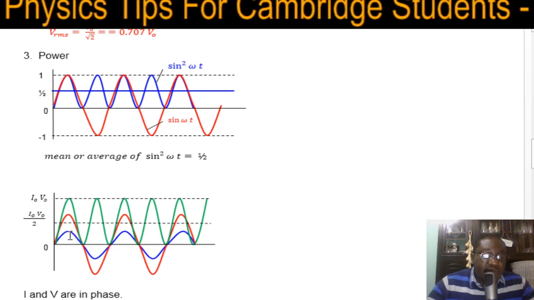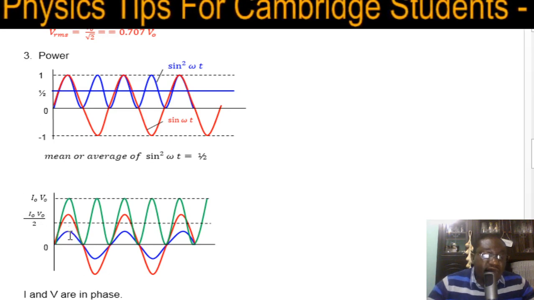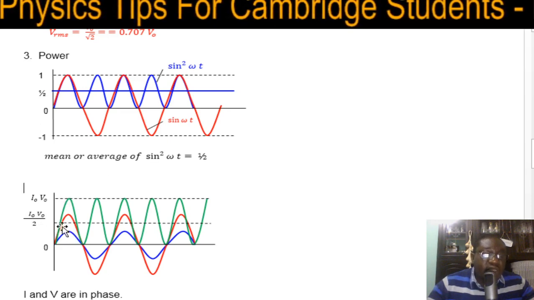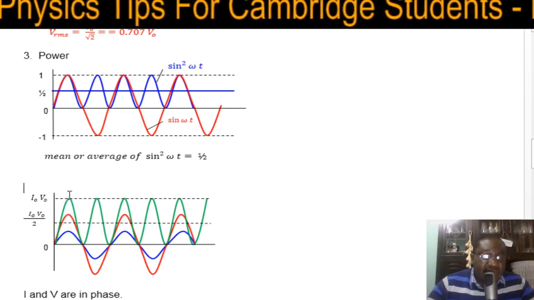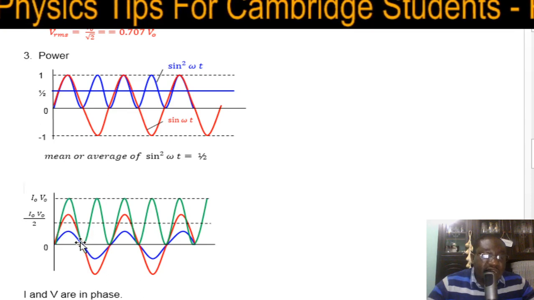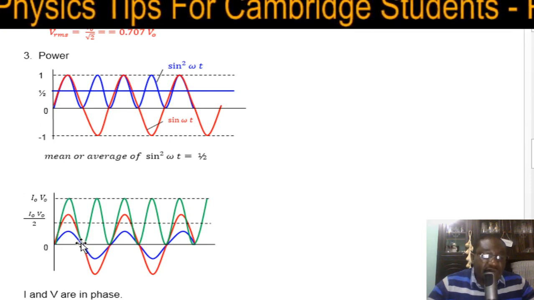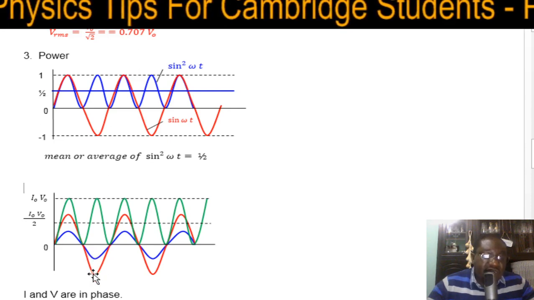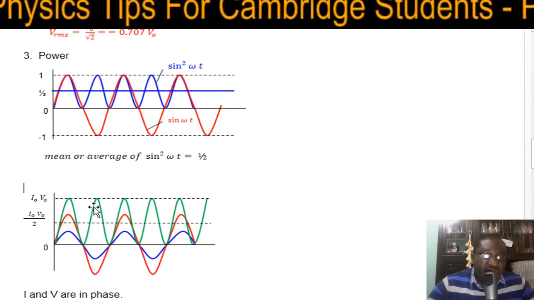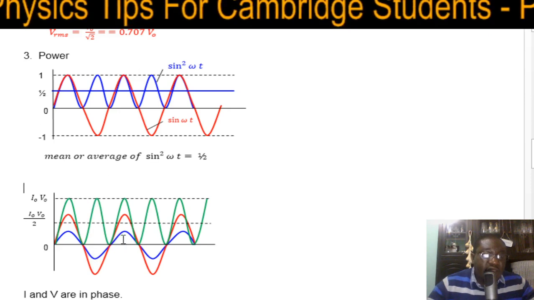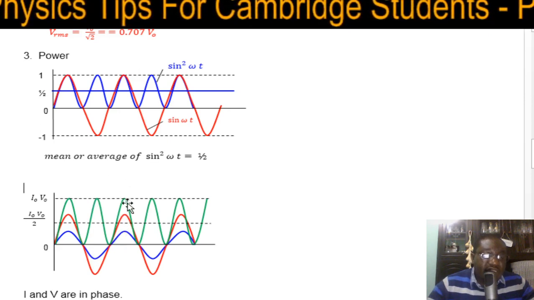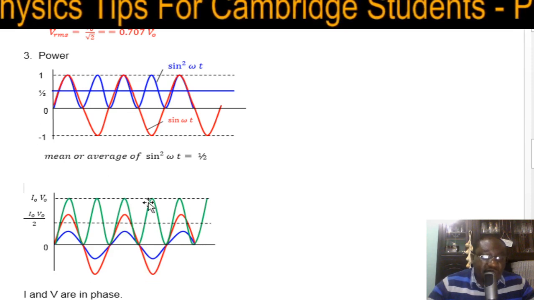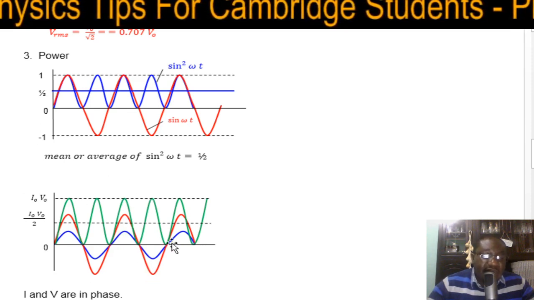Here the peak current times the peak voltage gives you the peak power. This times this giving you that. This times this giving you that. So that becomes permanently 0. And then this one times this one: negative times negative gives you a positive. So we now have a positive peak there. This times this giving you that. Then this one 0. Negative times negative giving you positive. So we have a waveform like that.